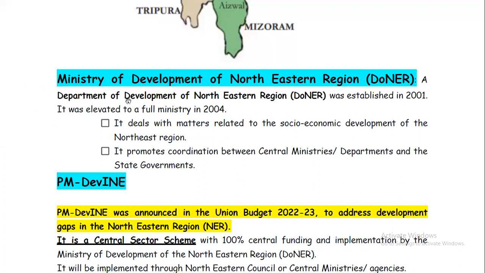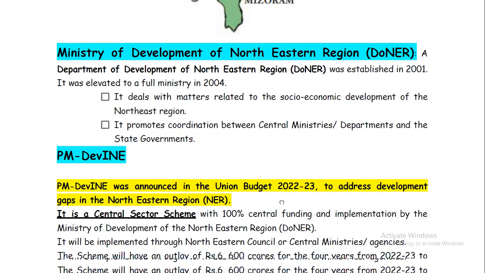So the first function of DONER is that it deals with matters related to the socio-economic development of the Northeastern region. Then it promotes coordination between central ministries and departments and the state governments. So this is DONER, established in 2001, full ministry in 2004.